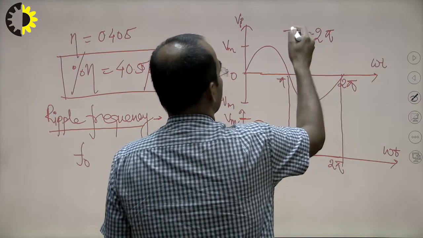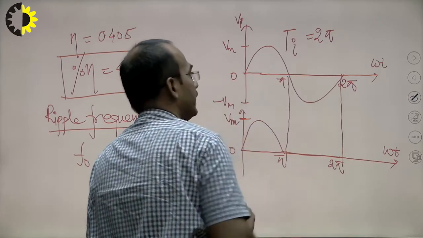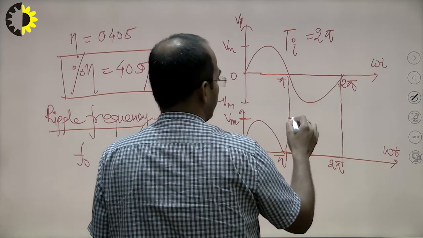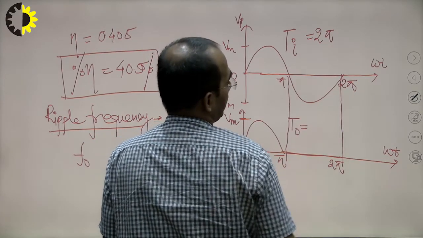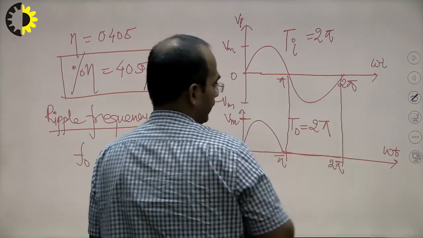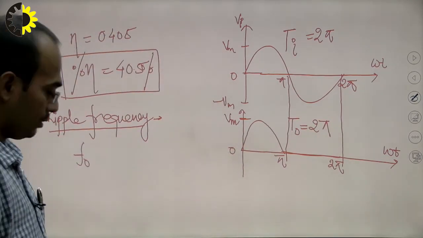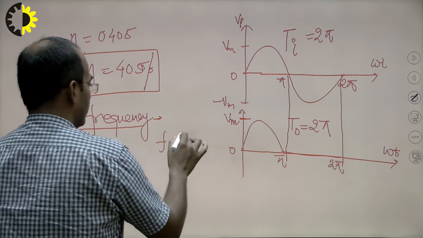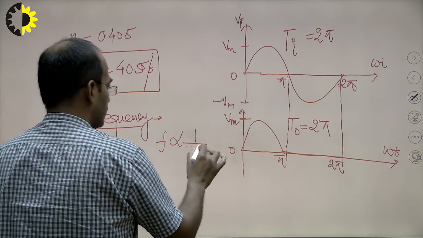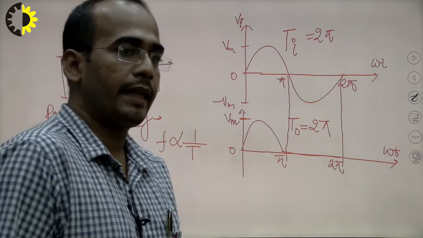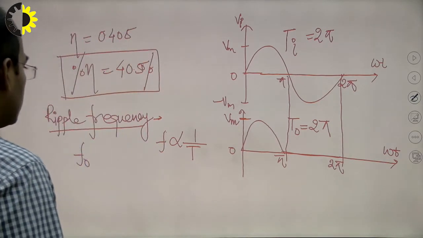If I consider the time period for the input signal is Ti, then this is 2 pi. Same for the output signal: if I consider the output time period as T naught, then T naught is equal to 2 pi. You know that frequency and time period are inversely related to each other.